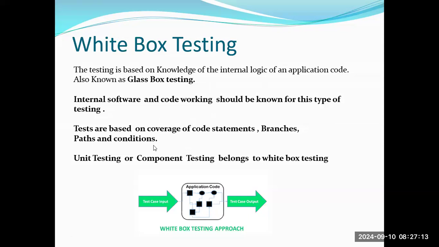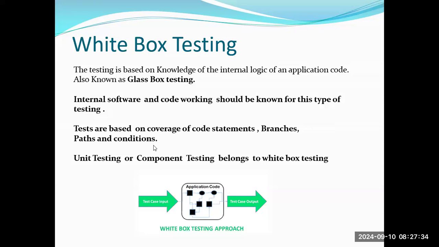We can call this by many names: glass box, open box, clear box, transparent box. All of them belong to white box testing. In an interview, if they ask you to define a transparent box, don't put on a dull face, okay?